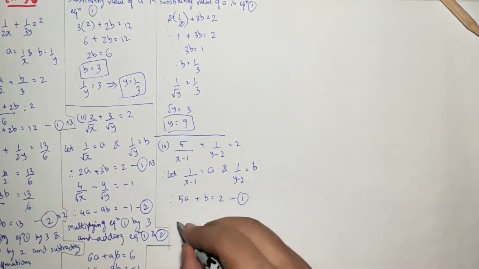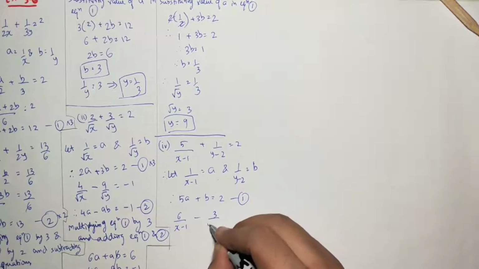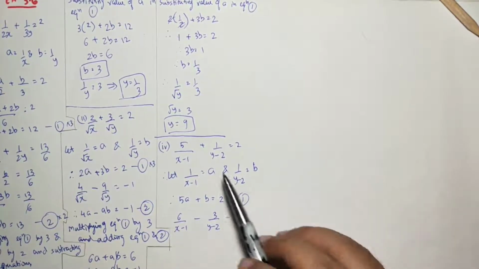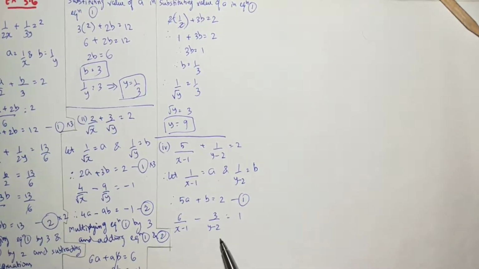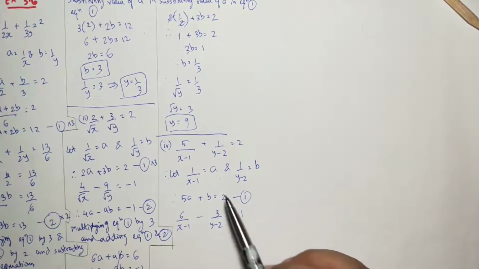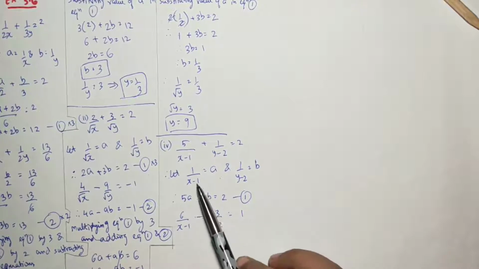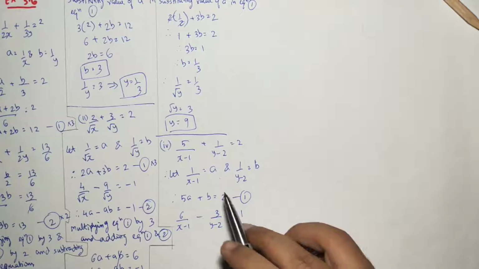The second equation given to us is 6 upon x minus 1 minus 3 upon y minus 2 equals to 1. Pay attention clearly. The denominator in the first equation is the same as the denominator of the second equation. It will never change, because if it is x minus 1 over here and they forget to give x minus 1 over here, then the problem will be a. Okay, so a will be the same.